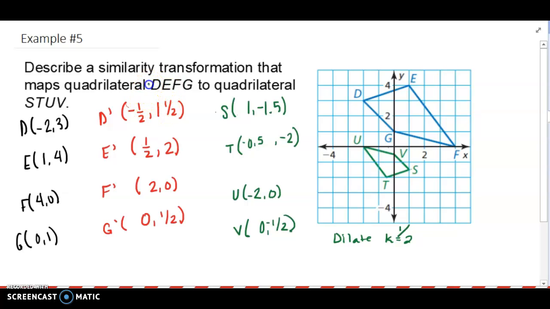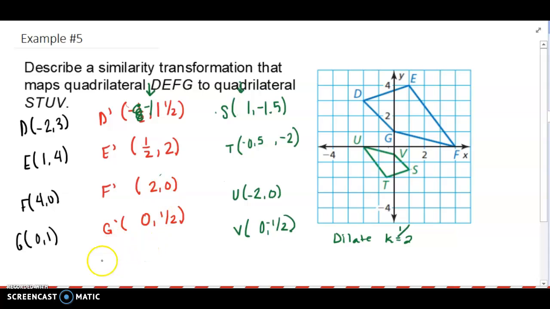Now when I compare the middle column to the last column, what I notice is, this should be a -1, not a -1/2. -2 divided by 2 is -1. So what I notice is these are the same thing, except my signs are different.